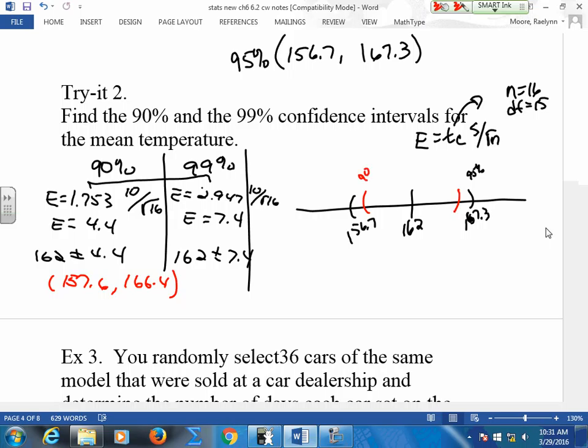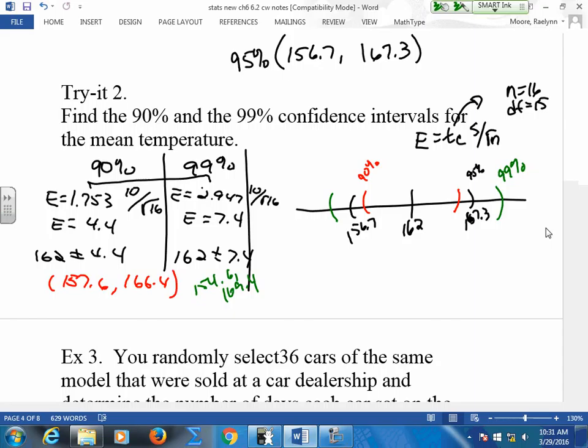This was a 90%. Okay, I don't need to be as confident. Okay, 99, I need to be more confident. Let's put this in green. 154.6, 169.4. 154 falls here and here. Isn't that my most confident one? My most confident one means the widest one, right?